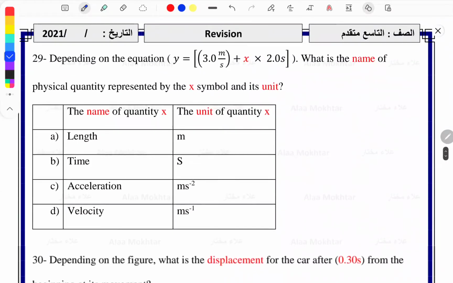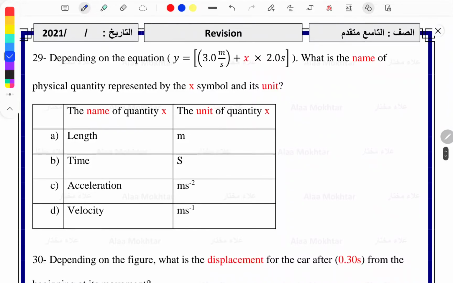The same question, but with a different strategy. We write again y equals 3 meter per second plus x multiplied by 2 seconds.